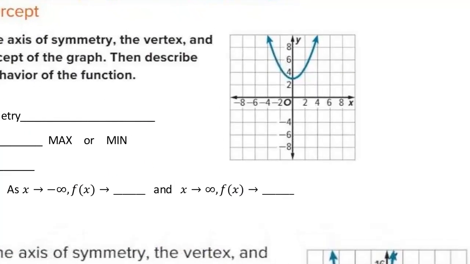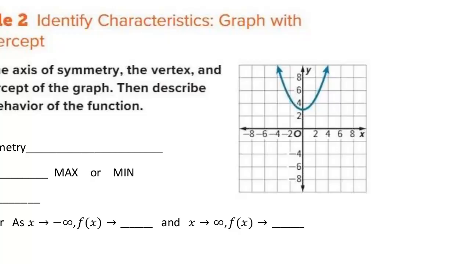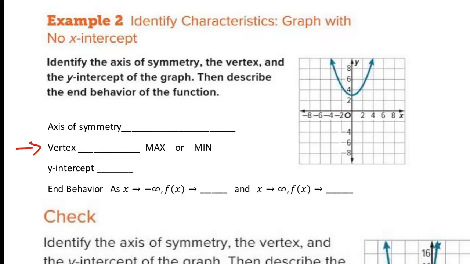What is my vertex? Daniel, can you give me my vertex? (0, 3), yes. And even though it is on the y-axis, I want you to give me both points, especially when it comes to the vertex, okay? So right here is your vertex.